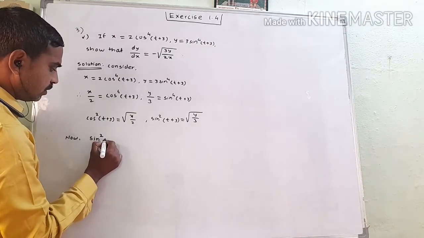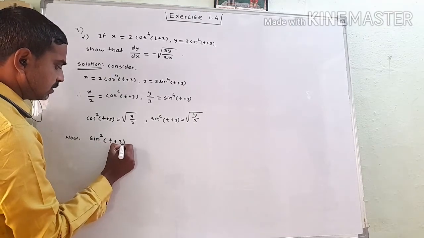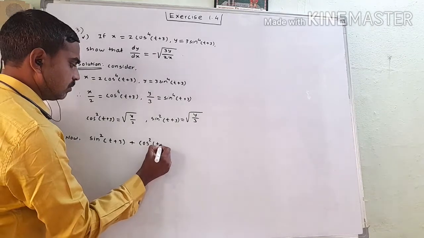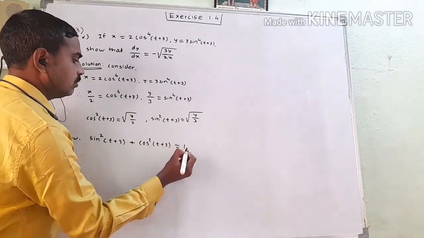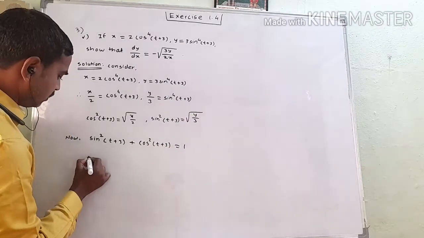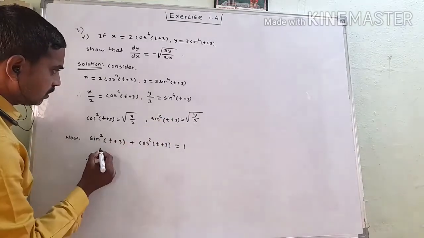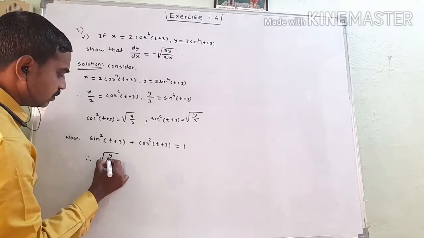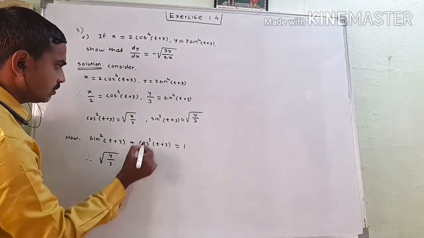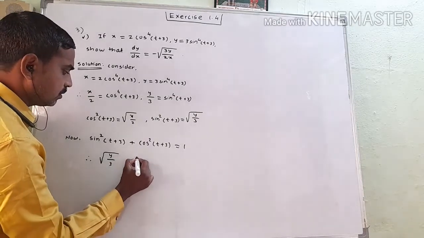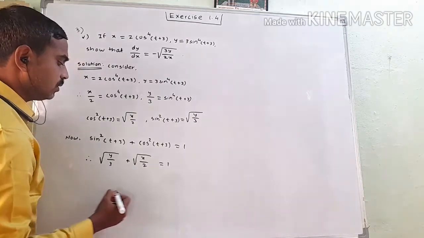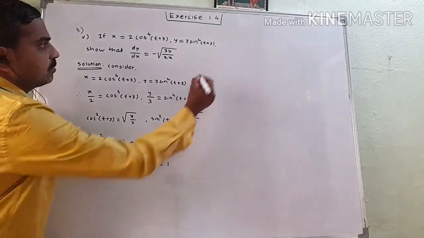Means sin square of (t plus 3) plus cos square of (t plus 3) equal to, you know that, 1. Therefore we will substitute these two values. Now what is the value of sine square? The value of sine square is root y by 3, plus the value of cos square is root x divided by 2, equal to 1.